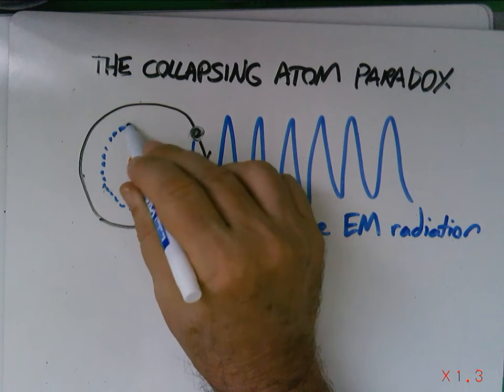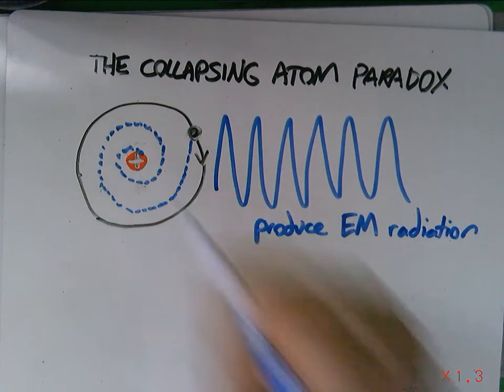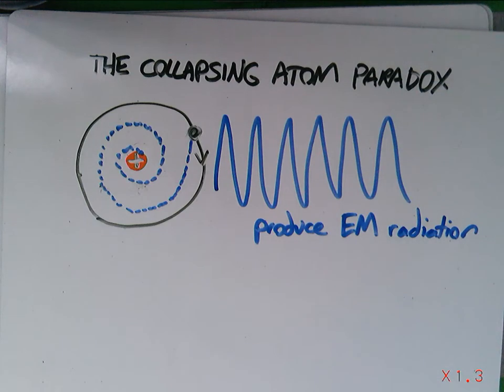And as it slows down, the nucleus is going to be pulling on it. So what's going to happen is that it's going to spiral in and crash into the nucleus, and the atom should collapse.